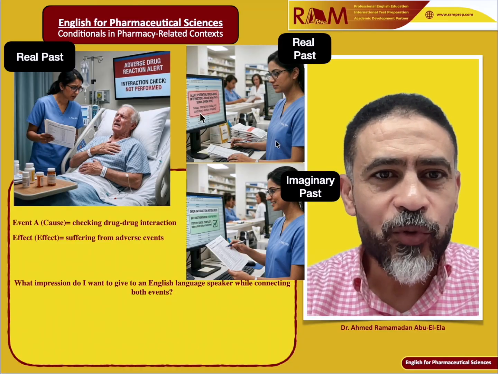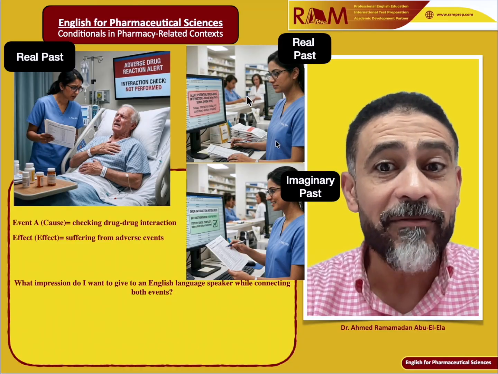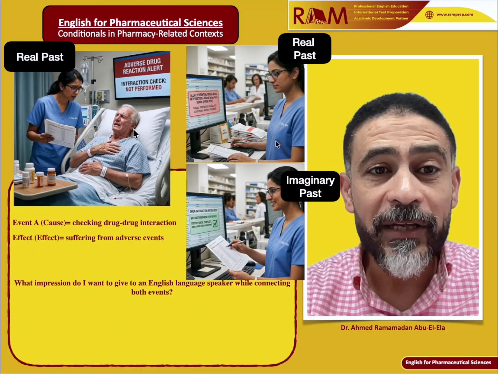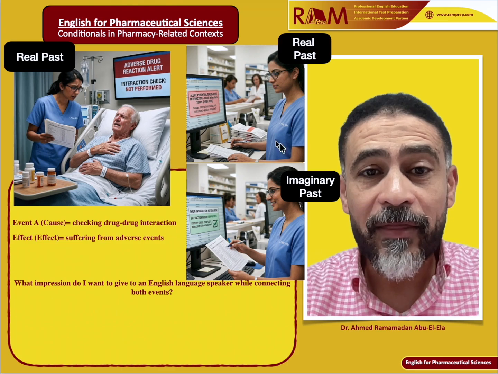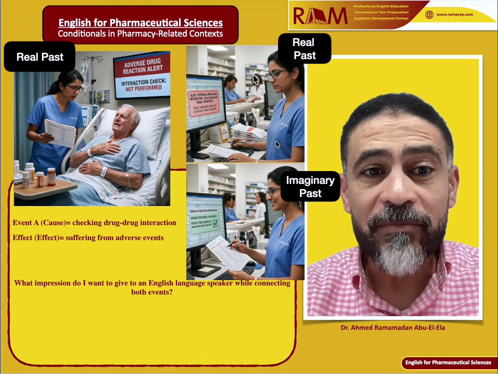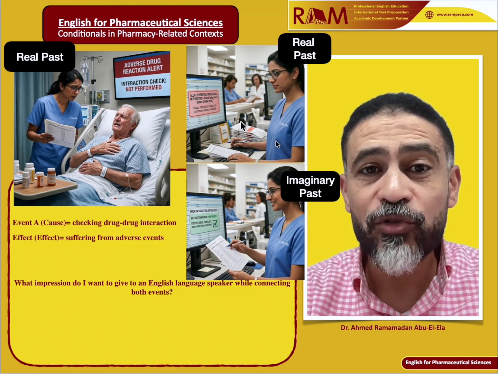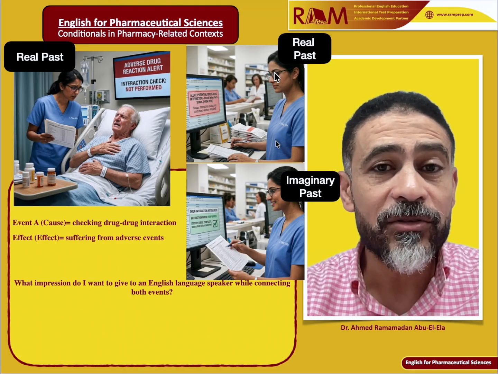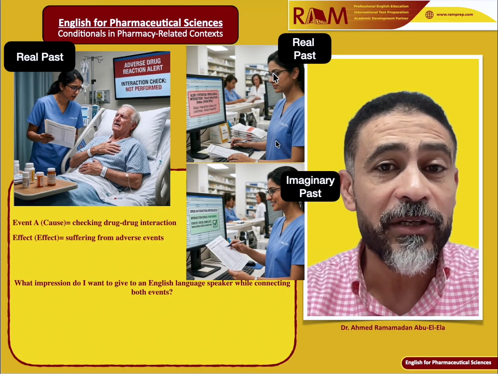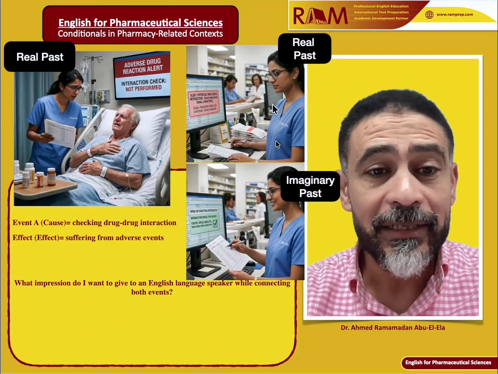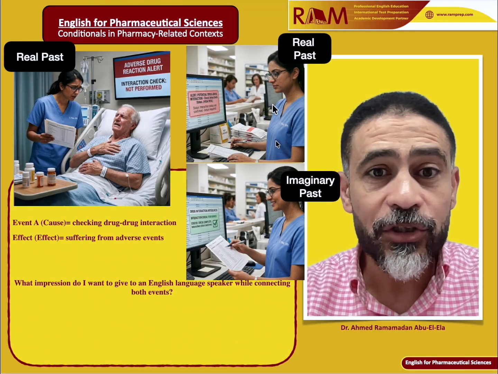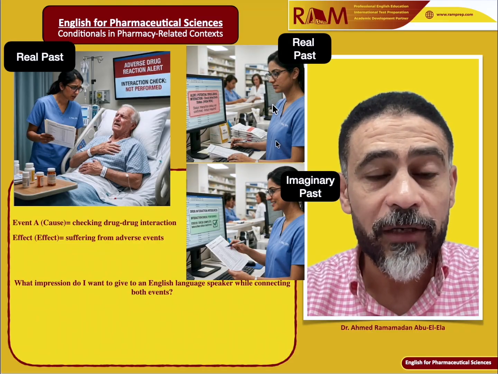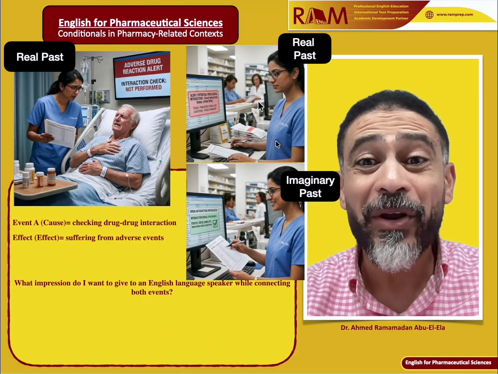So we have two real things in the past, two real events. Event A, which is the cause, was all about checking drug-drug interaction, and it seems that the pharmacist did not check it. That's the real thing in the past.